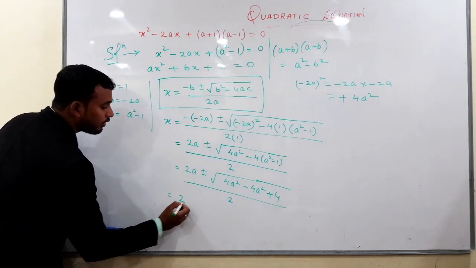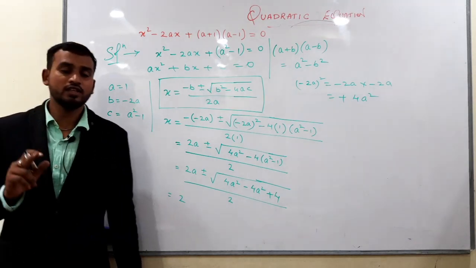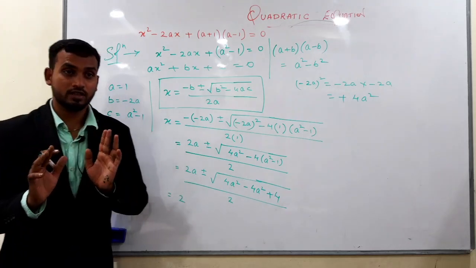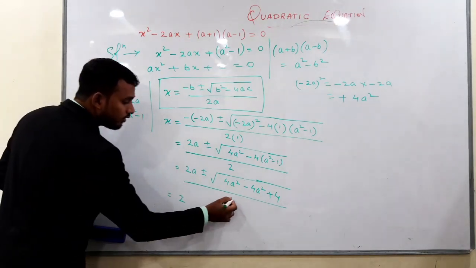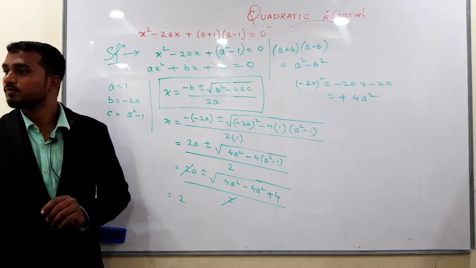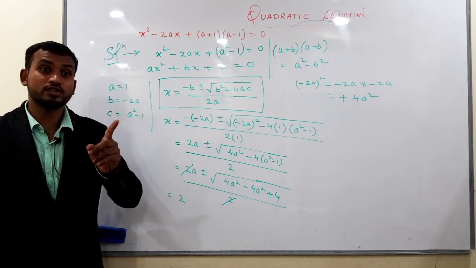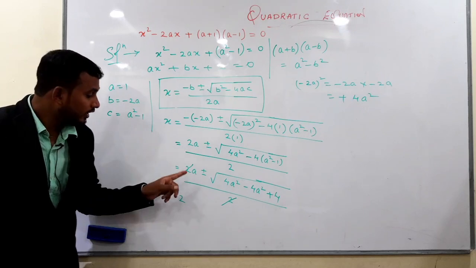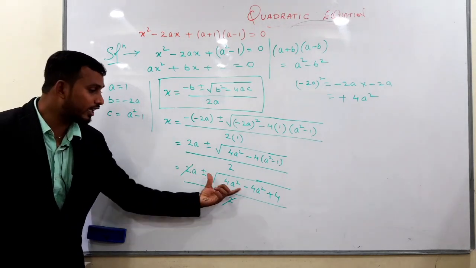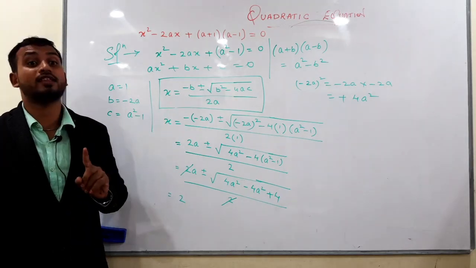Then children, here I have seen many students make this mistake. They will say, sir, these two they will cancel. Please ignore this. If it is plus or minus, you cannot cancel these terms. If you have taken anything as a common factor, then only you should cancel.